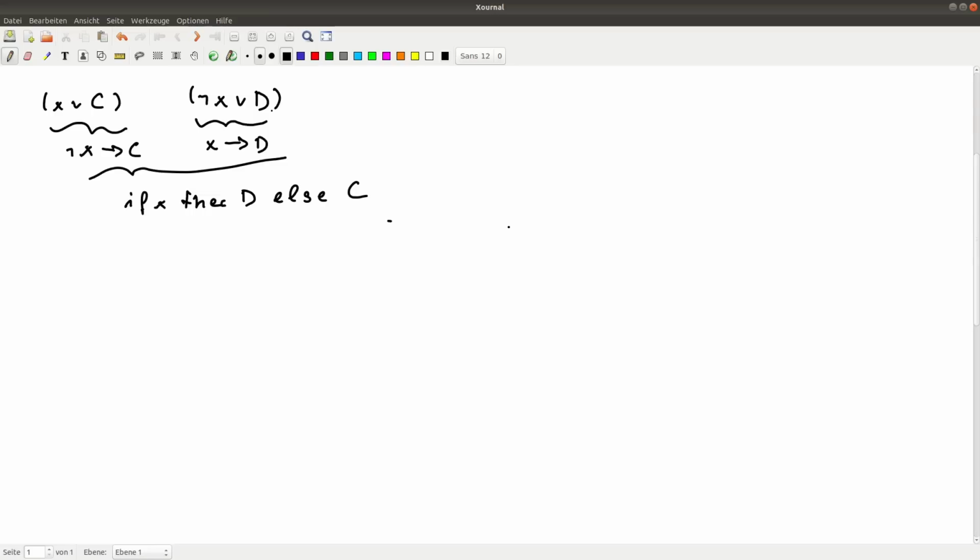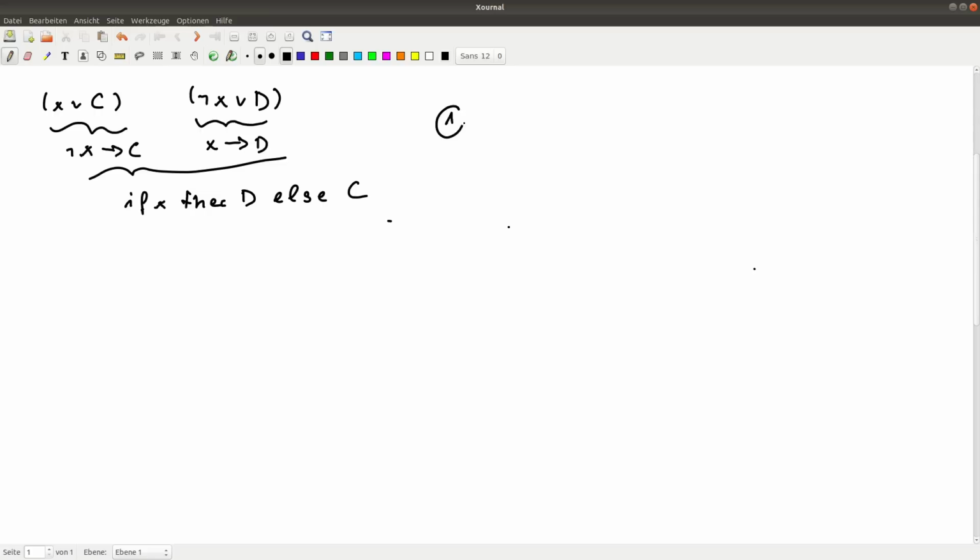And in case the formula is satisfiable, we have to consider two cases, and this follows exactly from this.